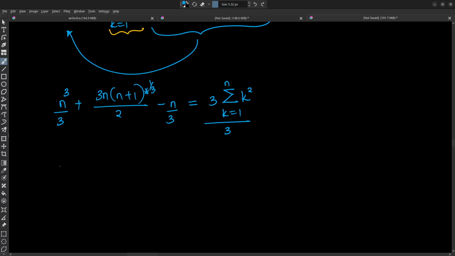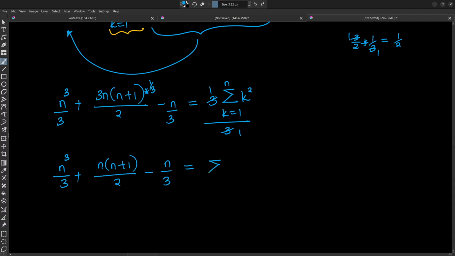So this becomes n to power 3 over 3, and then plus, here we have 3 over 2 times a third, so 3 by 1 over 2 by 3, and this is going to give us a half. So it's basically n plus 1 over 2 times n. And then here we're only going to have n over 3, and all this equals the summation from k equals 1 to n of k squared. Okay.